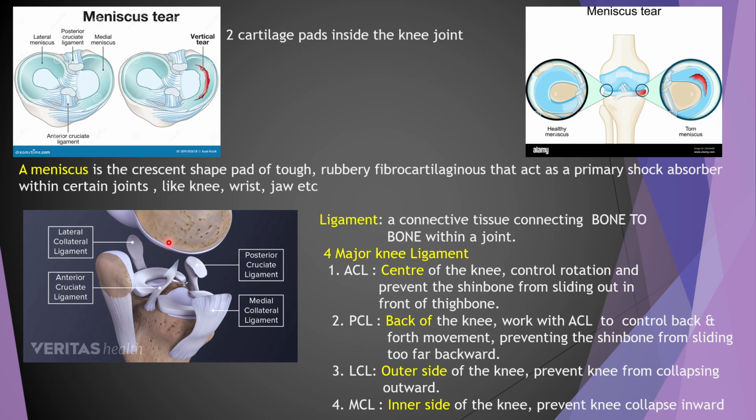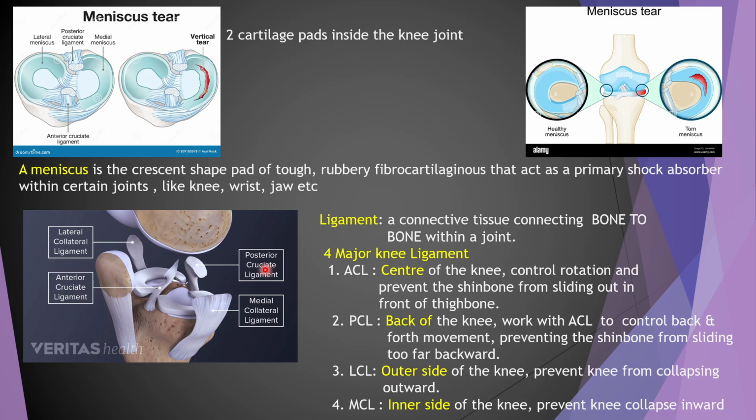Okay, and there are four major knee ligaments. First, the anterior cruciate ligament, which is present at the center of the knee, and the second, the PCL, that is posterior cruciate ligament, located at the back of the knee. The third one is the lateral collateral ligament, LCL, which is present on the outer side of the knee, and the next, the medial collateral ligament, which is present on the inner side of the knee.